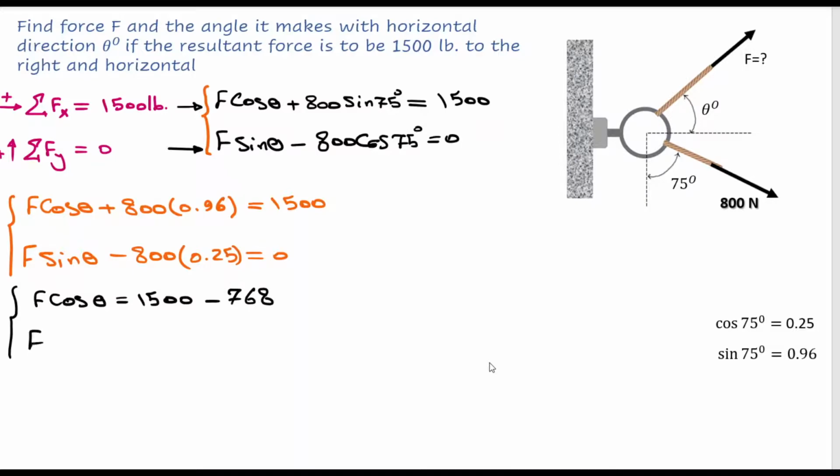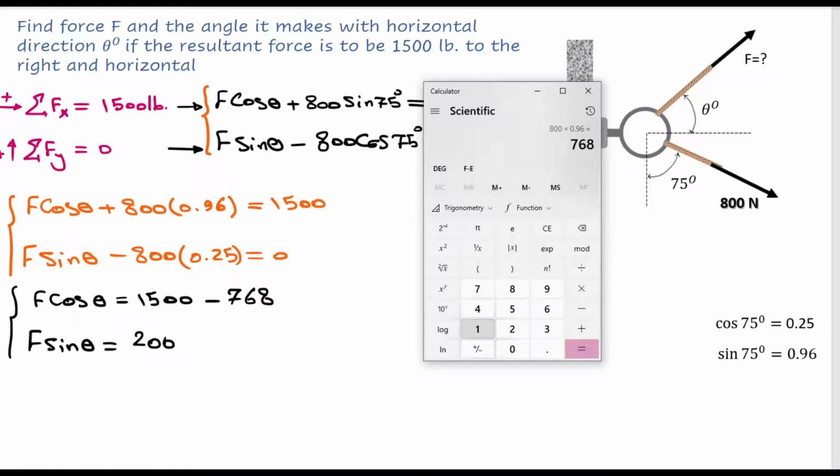And F sine theta, the below equation, equals to just 200, because 800 times 0.25 is 200, and if I take it to the right side, the negative converts to positive. 1,500 minus 768, that gives me 732.